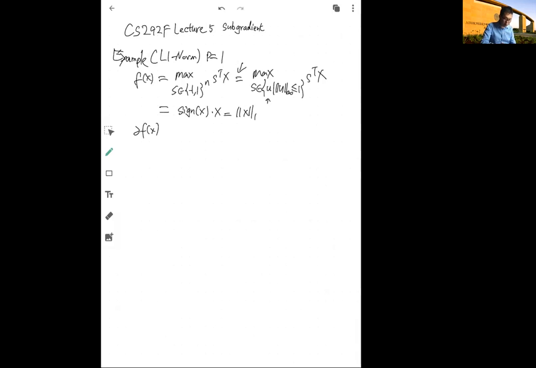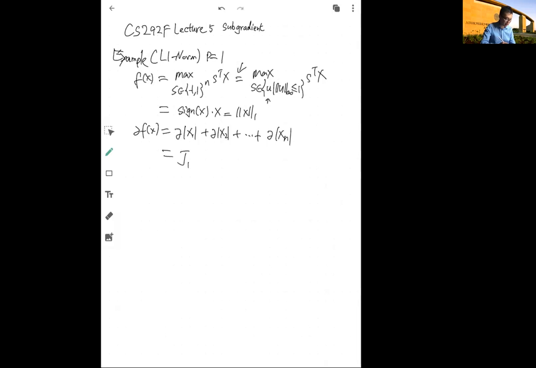First of all, let's apply the first rule so that we can decompose it into the absolute value of x1 plus the absolute value of x2 plus up to the absolute value of xn. This says that the subdifferential can be derived per coordinate, for every coordinate separately.